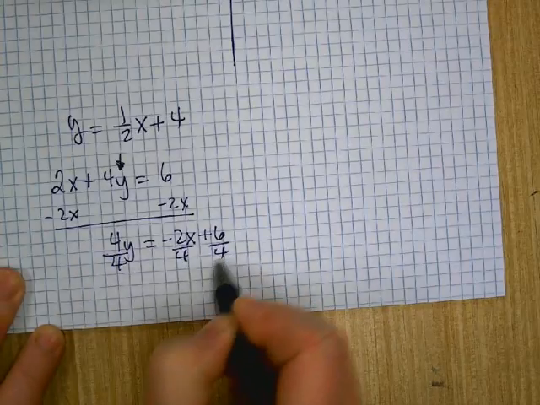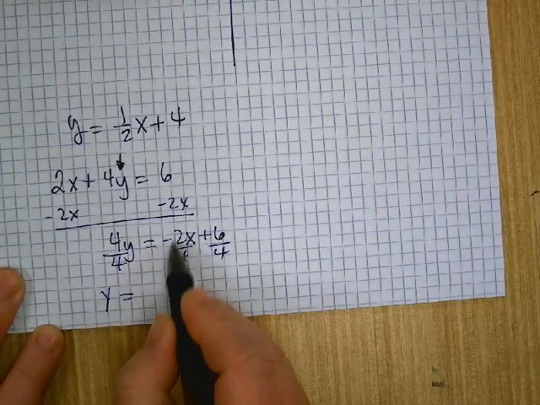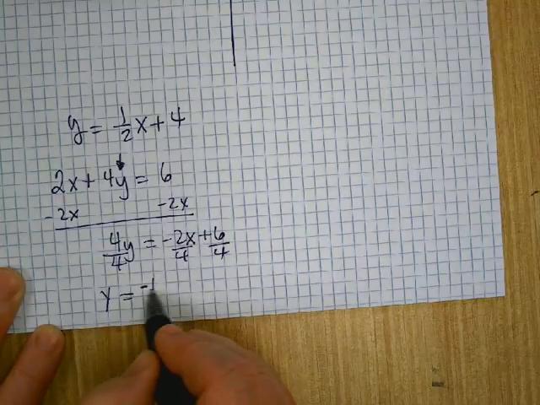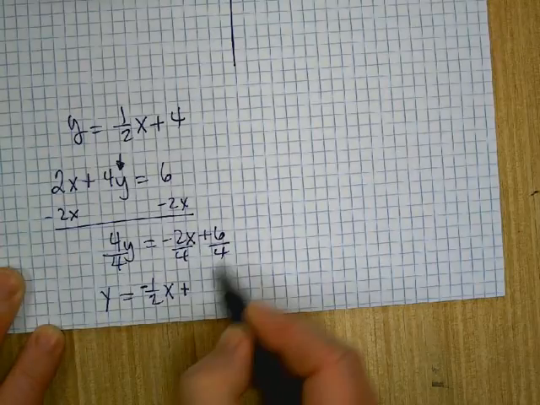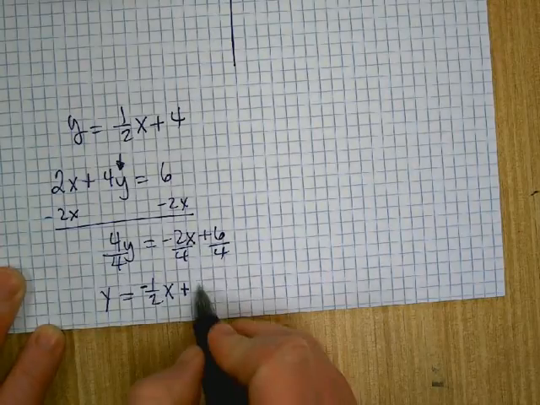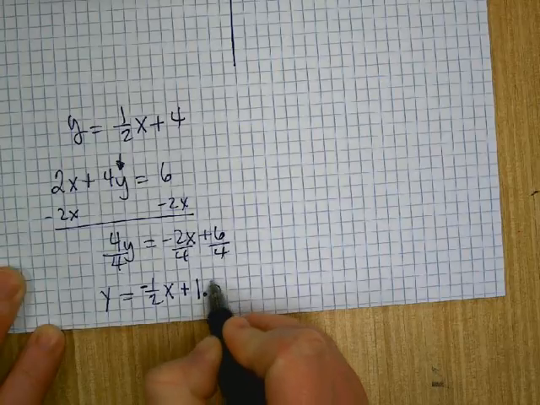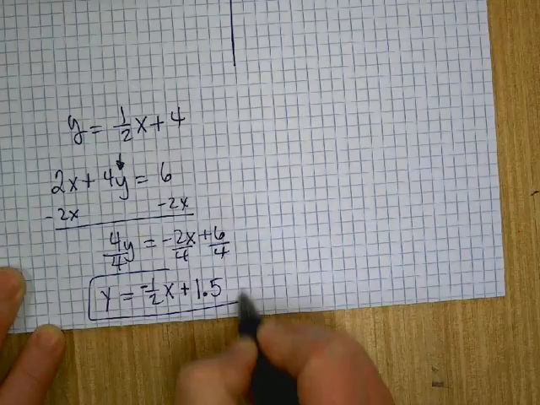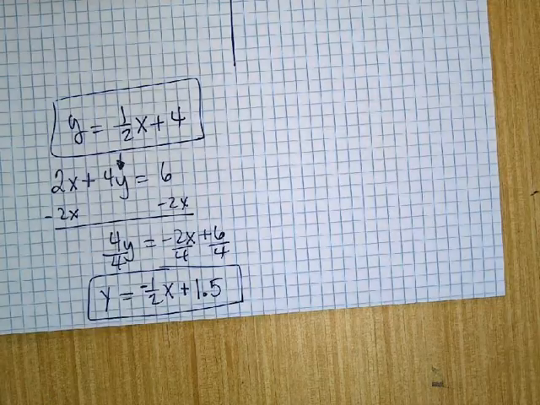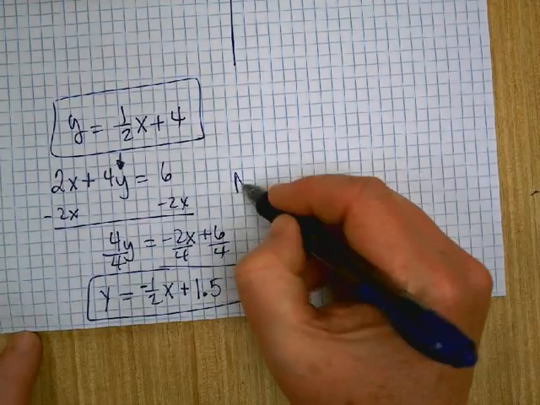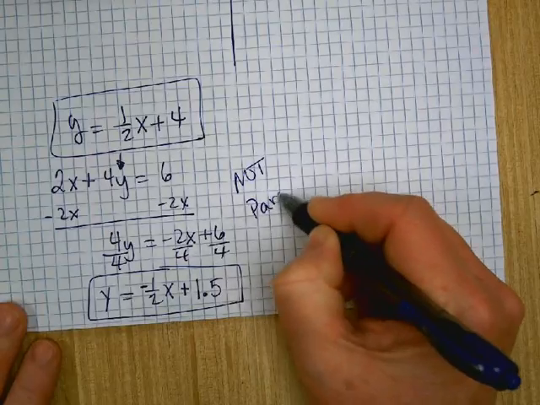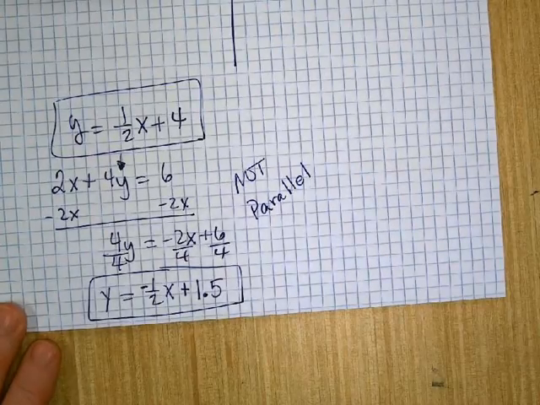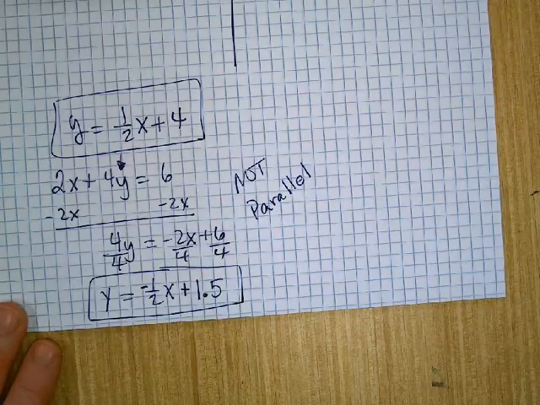So it says y equals, now that's going to be negative 1/2 x plus 6 over 4, which is really 1.5. So I'm comparing this and this. Do they have the same slope? No, they don't. So they're not parallel. Not parallel. Okay? Not parallel because they do not have the same slope.